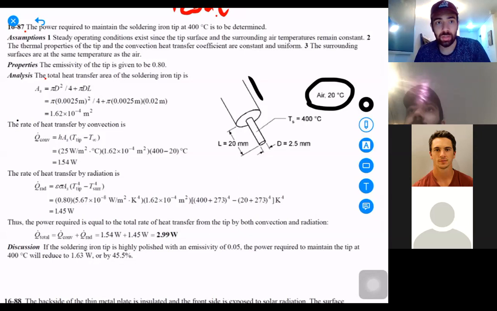One may ask, for example, why the air is not stationary. If the air is stationary, then there would not be any convection term, as we discussed earlier. But for sure, we have air convection around this iron tip. That is because when you have a hot surface, the density and the specifications of the air around this tip will change.